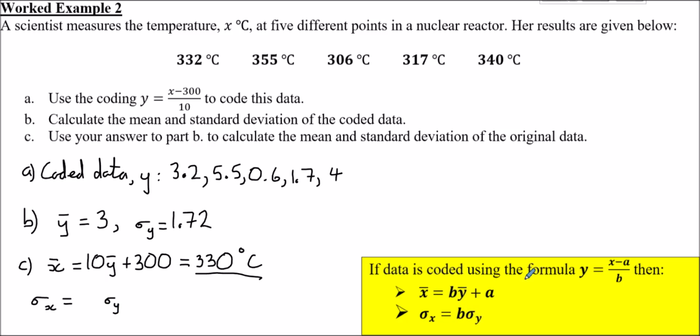Our b, in this case, is 10. So multiply the standard deviation of y by 10. So 1.72 multiplied by 10 gives us 17.2. And because we've returned to original data, we've returned to the original units, which were in degrees C. So we can put in degrees C for this one.